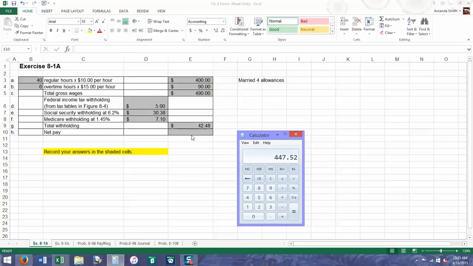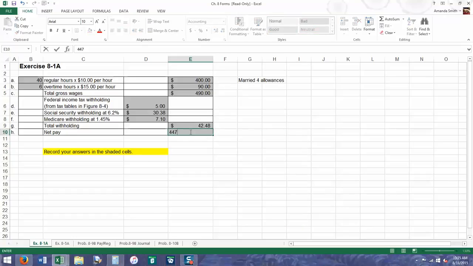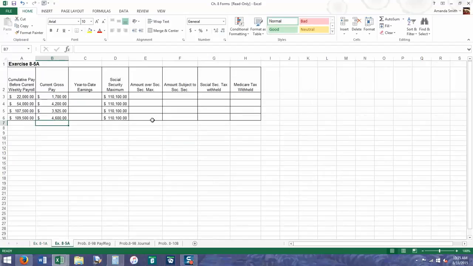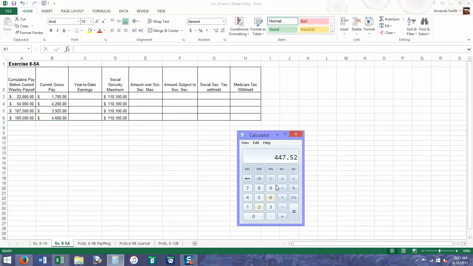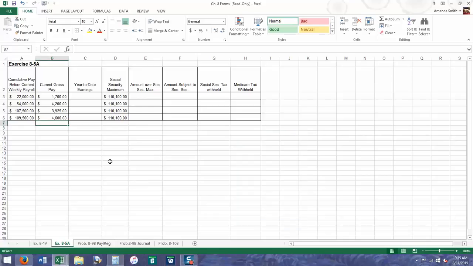So her net pay is going to be $447.52. And that is all you would have to do for the first one. The second one has a little bit more calculations. It's still not going to be too bad.